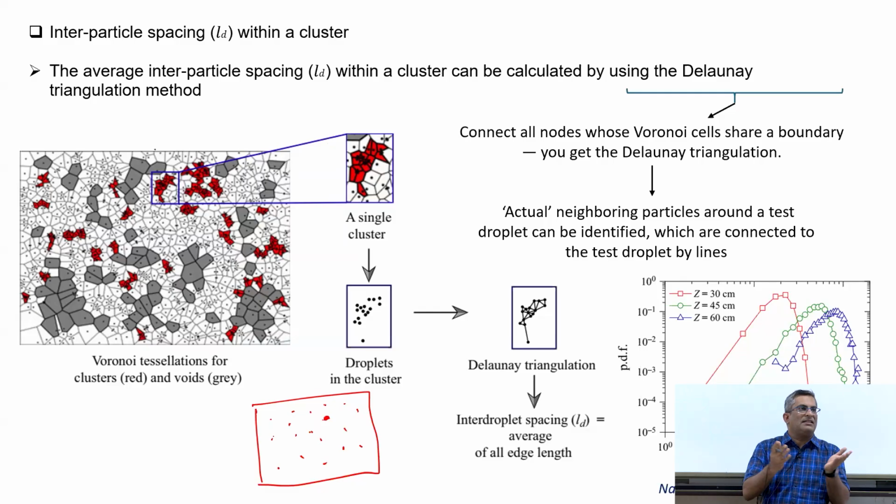In fact, we see a distribution of the particle separation distance. In this case, the separation distance has been normalized by the average particle size, or average droplet size. You see that the separation distance can range, for instance, from 2 to about 30-40.